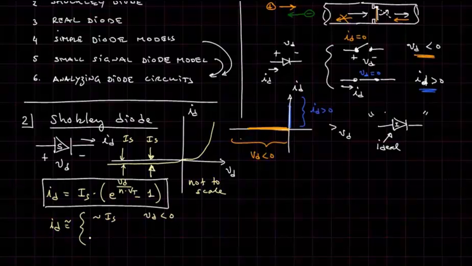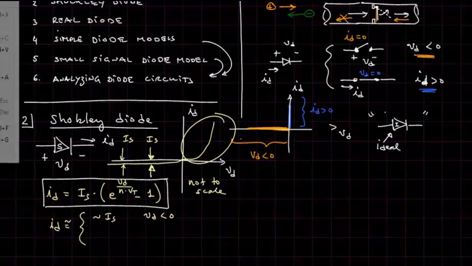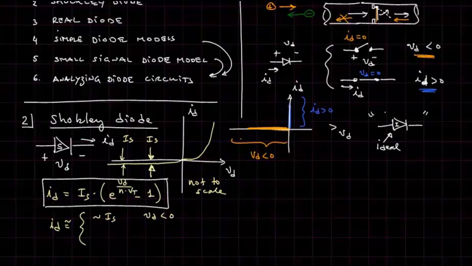And similarly, when the diode is actually conducting over here in the first quadrant, we'll be able to approximate the diode VI relationship as IS e to the VD over N VT and drop the minus 1. The reason is that IS is typically in the range of 10 to the -9, maybe to 10 to the -12 or more.